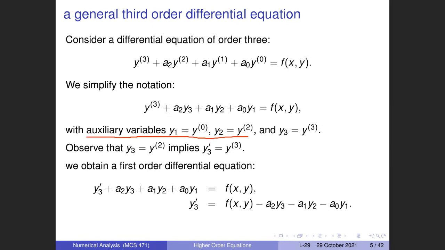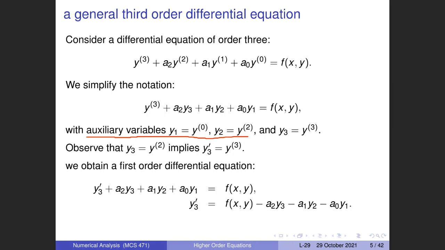We have an order 3, so we will have 3 variables. The original y we label y1. Its first derivative will be y1 prime. The second derivative will be y2, and the third derivative is y3.